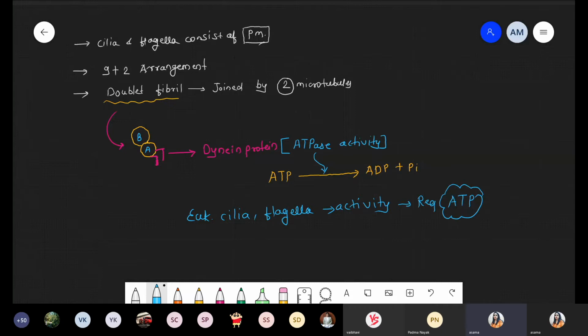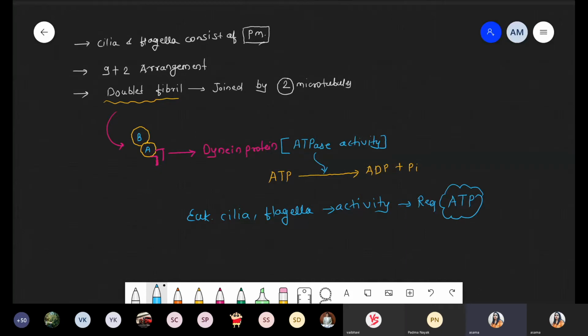Now it consists of the doublet fibril. Doublet fibril means it consists of a total of 2 microtubules, A and B. But what is the change? The A microtubule is associated with the dynein protein. Dynein protein itself is an ATPase.